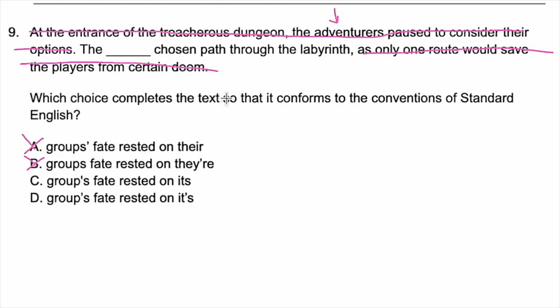However, a group is a singular unit. So we do want singular its, and then chosen path. Does the chosen path belong to the group? Yes. So we'd want the possessive, no apostrophe, C as our answer here.